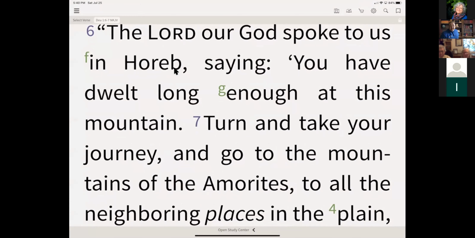That's where they lingered for more than a year. That's the time since they received the 10 Commandments, through the period where they received the rest of the commandments and built the sanctuary.